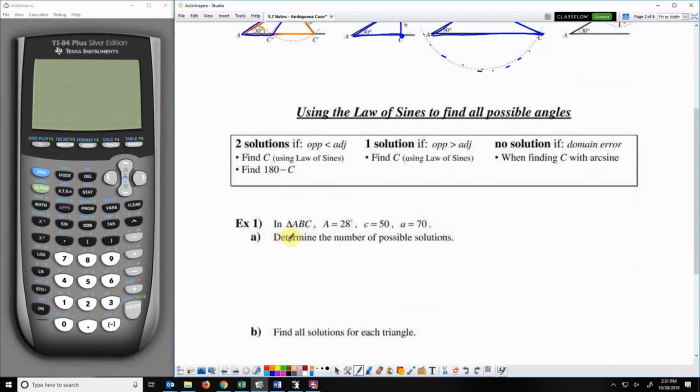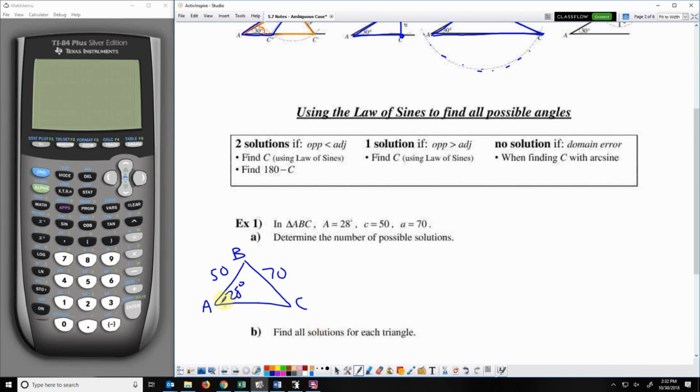So in example 1, we have to find out how many possible solutions there are for this triangle, ABC, when A is 28 degrees, side C is 50, and side A is 70. So here's how you tell.